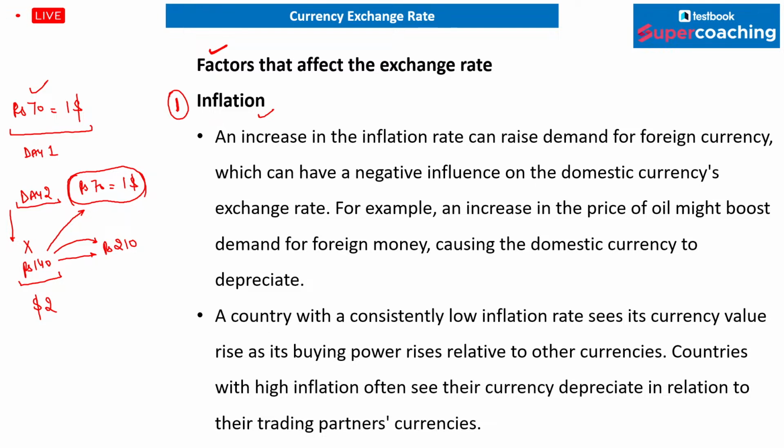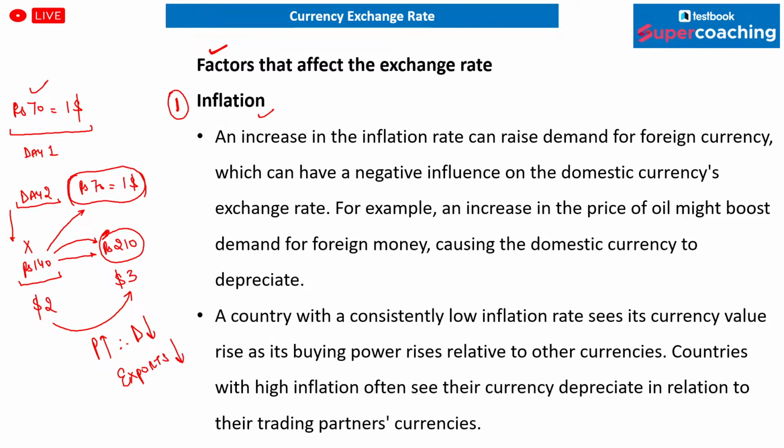In that particular situation, what will happen? If there is inflation in the market, the price of Indian goods will increase. If the price of Indian goods increases in the international market from $2 to $3, which means price increases, therefore demand will decrease. If demand is decreasing, export will decrease.